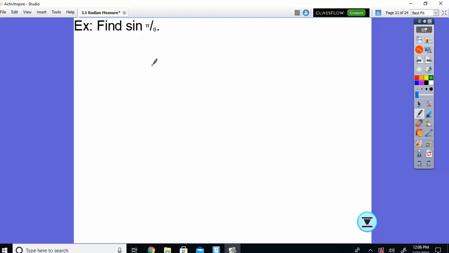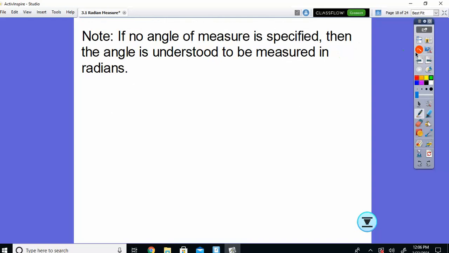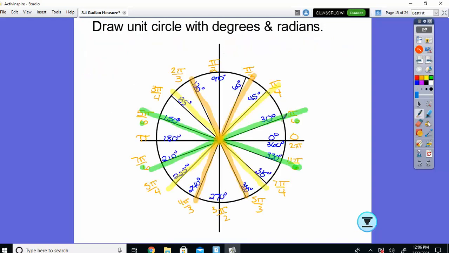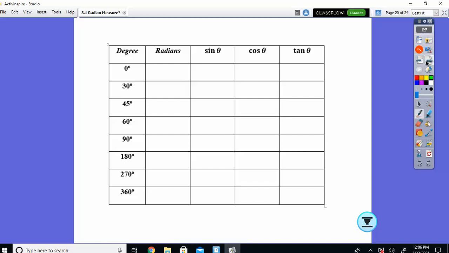When I look at this, right now you may need to kind of tell yourself, pi over 6. Okay, my denominator is 6, so I know that is 30 degrees. If you look at the circle we just filled out, we can see pi over 6 and 30 degrees. They are the same thing, it's just different units of measure.